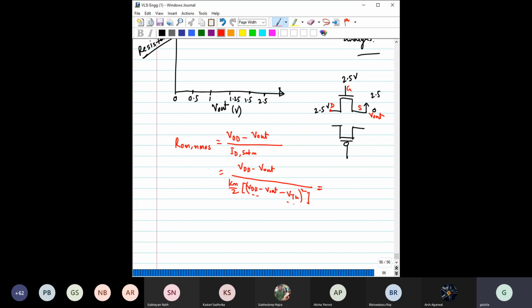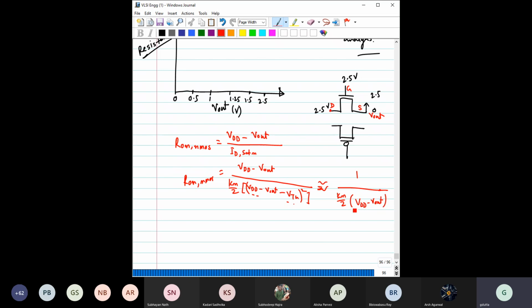You will see this VDD minus V out cancels out, and you will get a close approximation like 1 by something, Kn by 2, and here VDD minus V out. Again, a lot of approximations I am doing. This is not a good approximation in fact, but to get an idea, this would be the R on of NMOS, right?